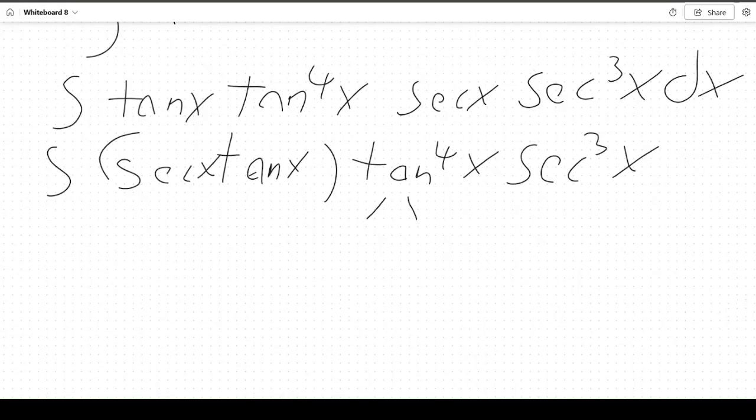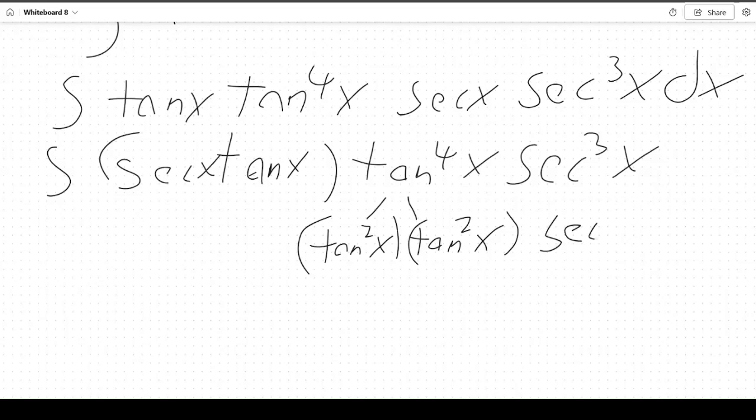But we can simplify this further to make it simpler. So tan to the power of 4 can be tan squared x squared. So we got 2 of these. And we have to leave this right here.